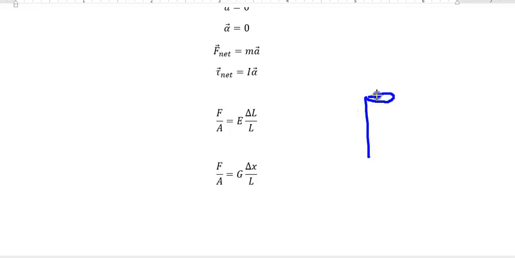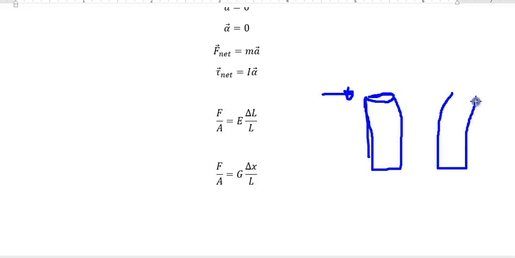So the area that we're talking about is the same, but the force is now perpendicular to that, and what we're talking about is bending an object, right? Shear. I'm talking about the shear of this and moving it that way, and this G is the shear modulus.